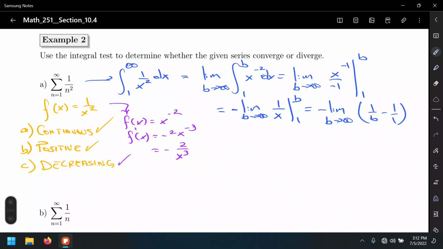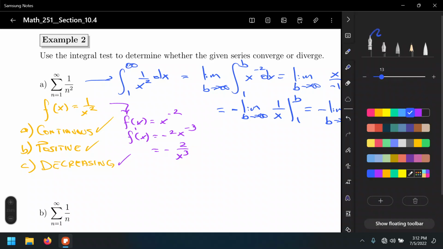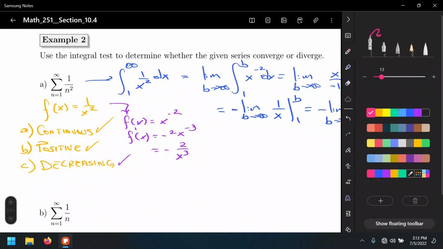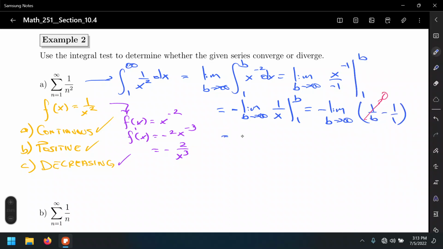But well, where is this 1 over b going to go as b approaches infinity? 0. And well, 0 minus 1, let me write that down. So that's going to be negative, 0 minus 1. That's going to be positive 1.